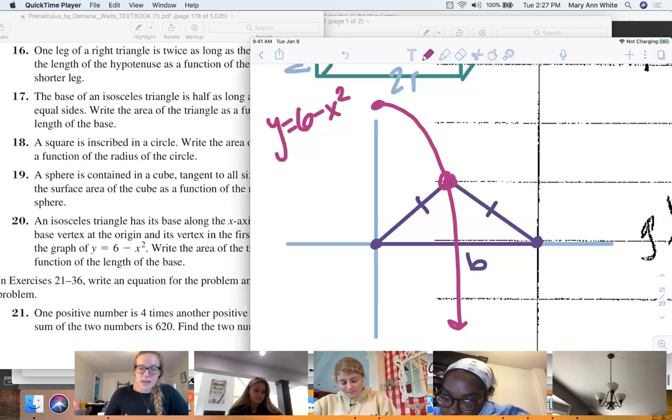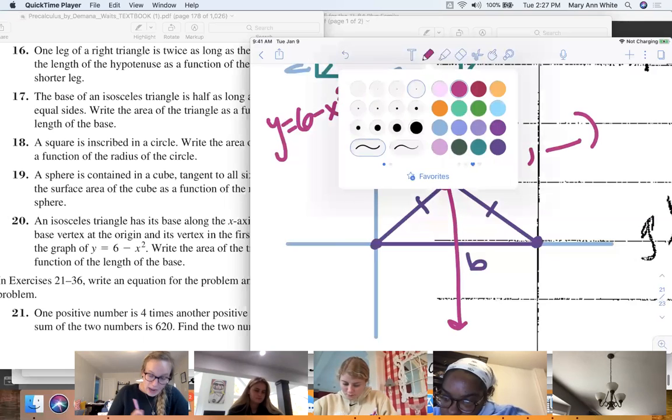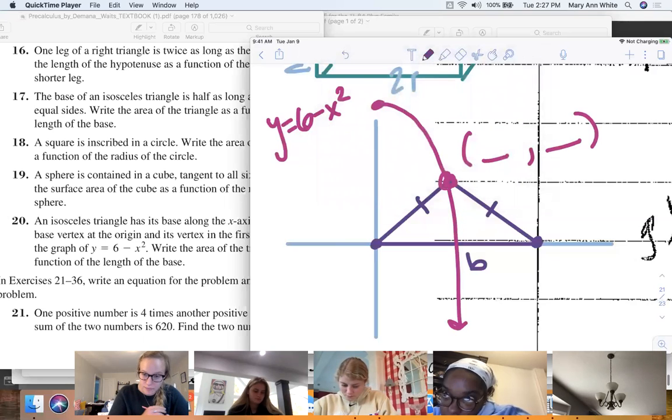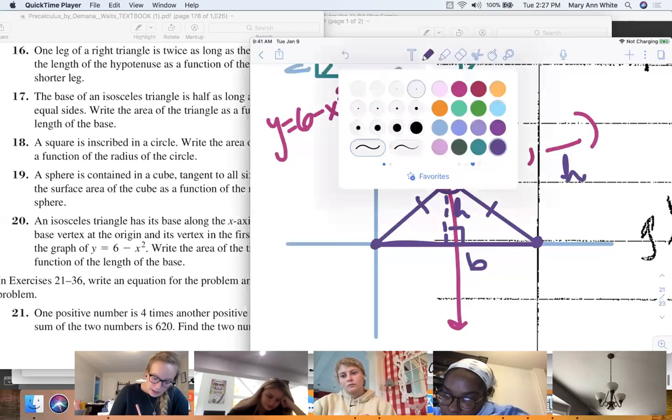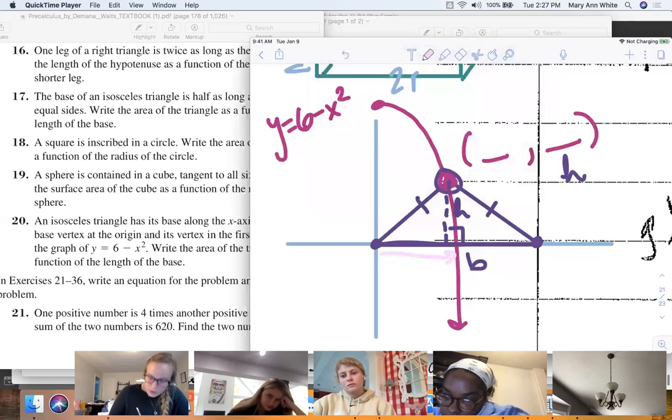The reason this is helpful is because I want to know what point that is. And I can do that because I have a function. I know my B is my base, and then I don't know what my height is, but if I know what my Y value at this pink point is, that's the same thing as my H. I went over a certain amount of units and then I went up a certain amount of units.